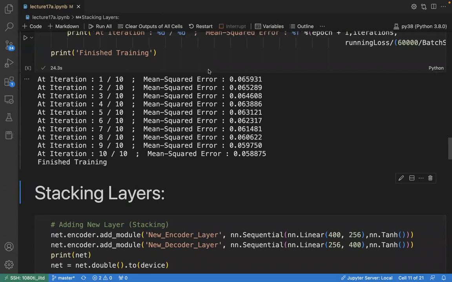Okay, now the training has finished, and we can see that the loss has reduced over time.